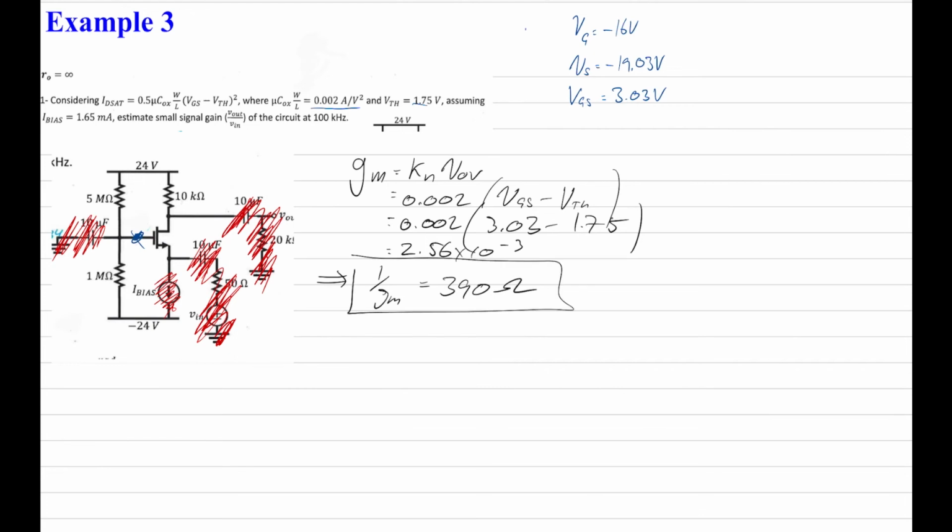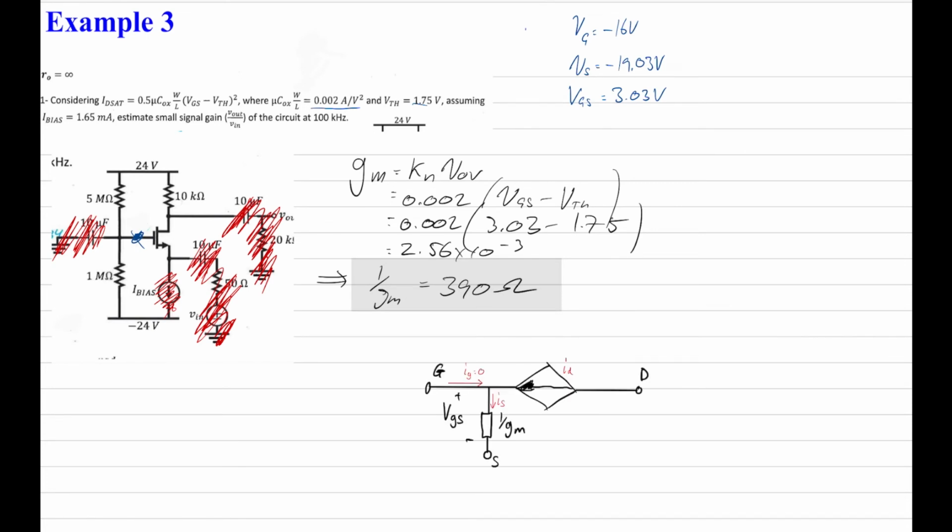And that's going to be really important when we do the small signal model. Okay, so the next step is we're going to use a hybrid T model of the MOSFET. There is a hybrid pi model, and you choose one or the other based on what analysis you're going to do.